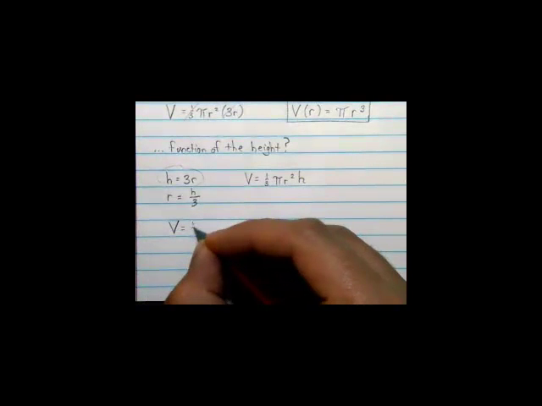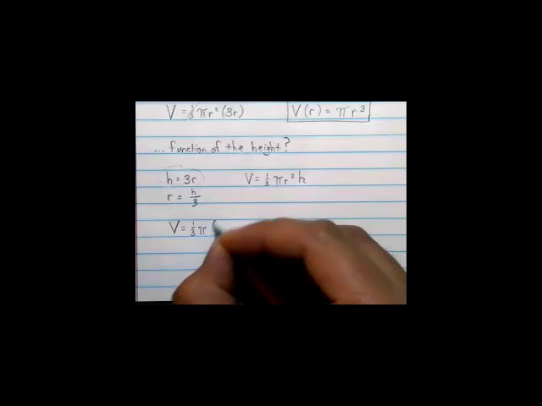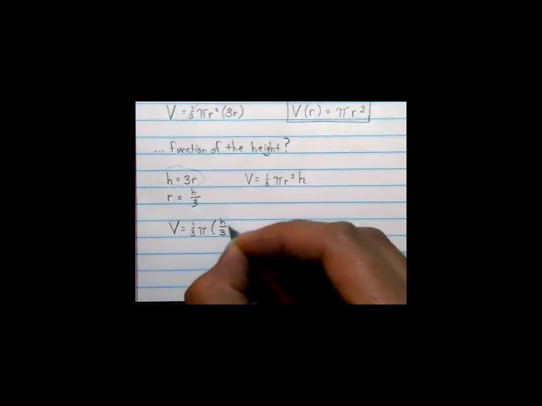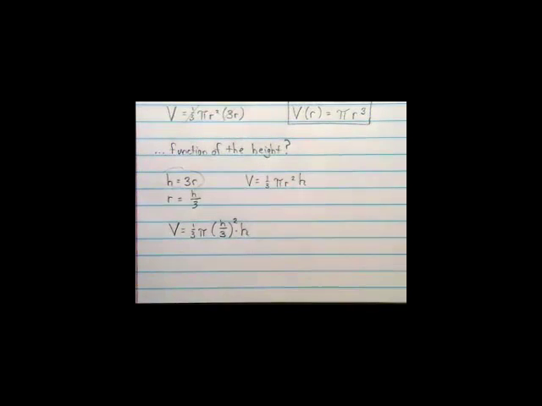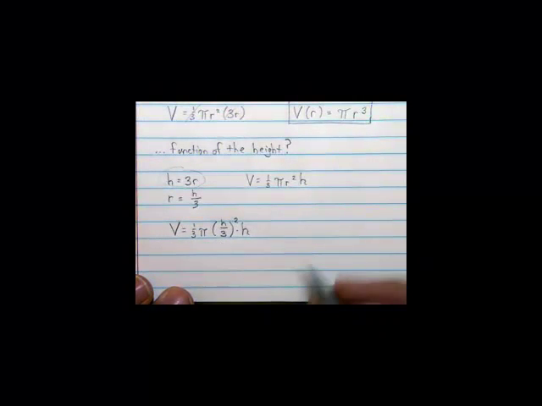And it's going to be 1/3 pi times (h over 3) squared times h. Same idea, but again, what's the result that I want? I want to have h's instead.